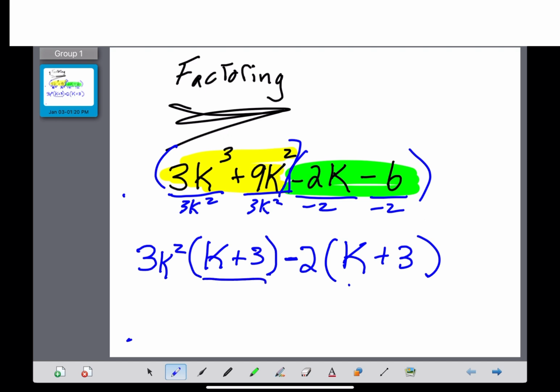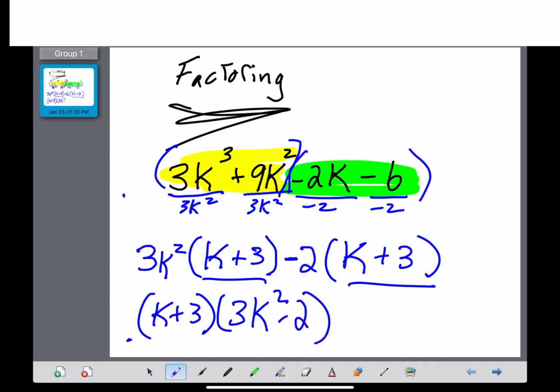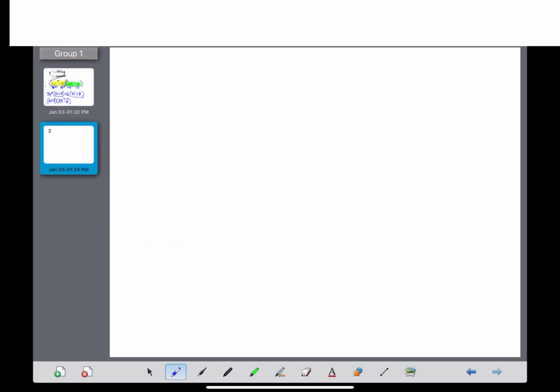So our common factor for them was k plus 3. And then we're left with 3k squared minus 2. And that ended up being our solution for that problem, factored by taking out the GCFs with factoring by grouping. Why don't you go ahead and try this one.